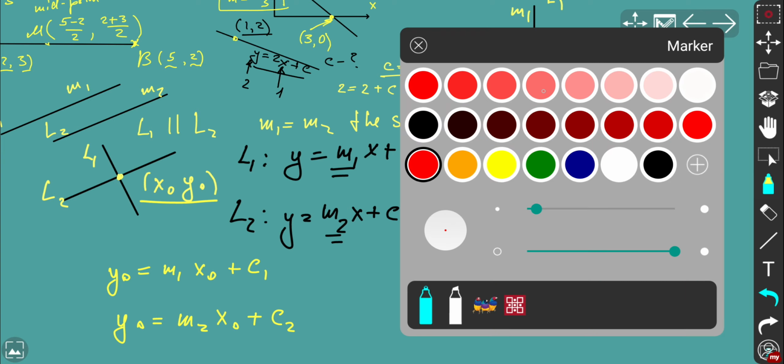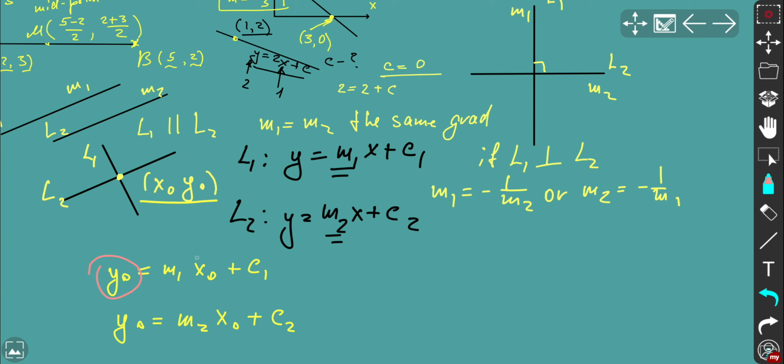Knowing that those are numbers, you have completed the simultaneous equations, and by solving them you can figure out m1, c1, m2, c2.